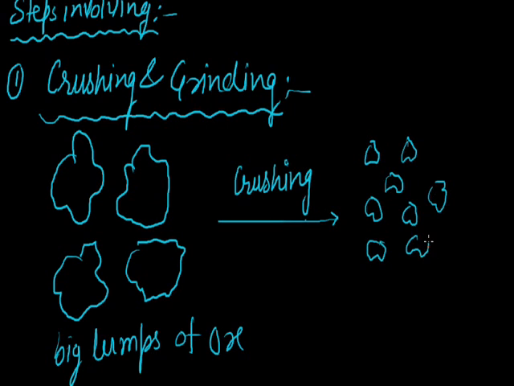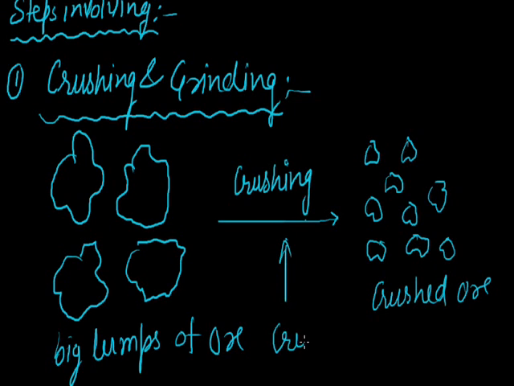These particles are known as crushed ore, and this process is done by crushers. Generally we use a gyratory crusher, and we can observe the diagram or a photograph of this crusher. This is a crusher. By this crusher we crush the ore into reasonable size particles.